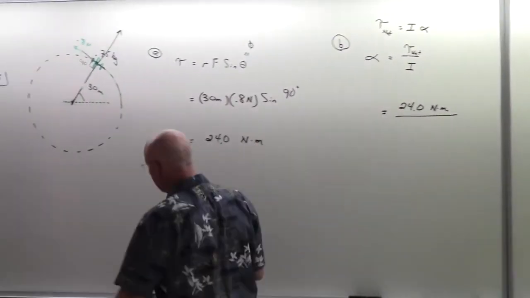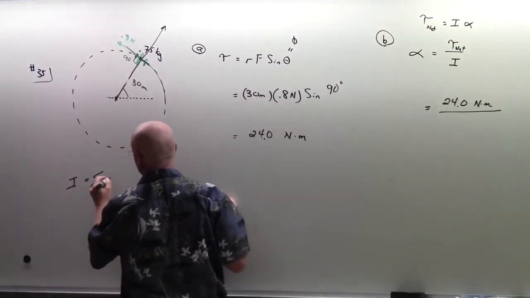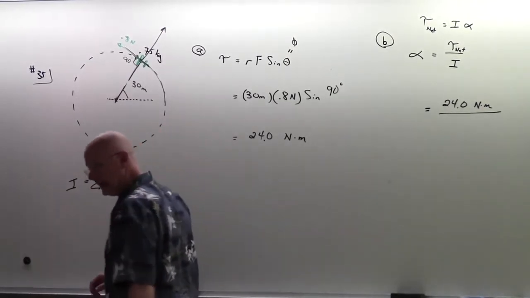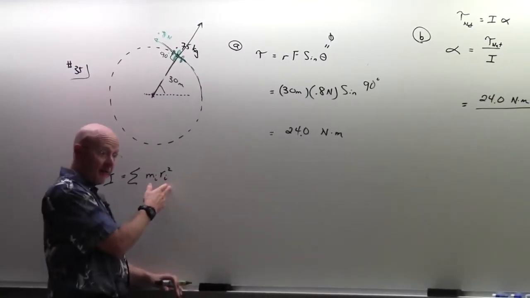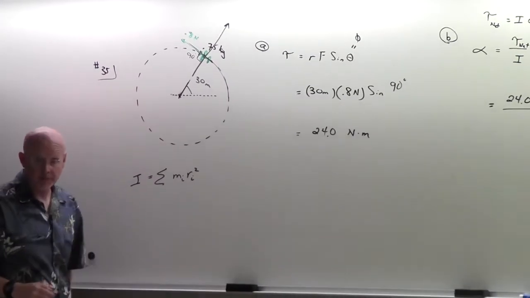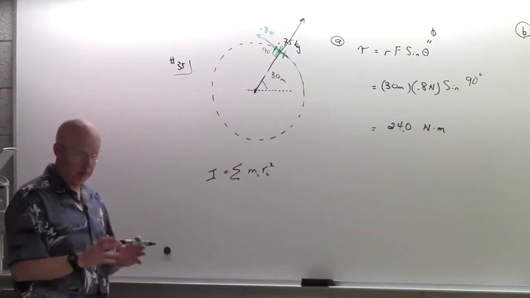This is worth another discussion about the moment of inertia. And the moment of inertia, as we said, was taking the mass of the individual pieces, multiplying at the location of them, and adding it all together. And so if you remember, we started with a very simple case.